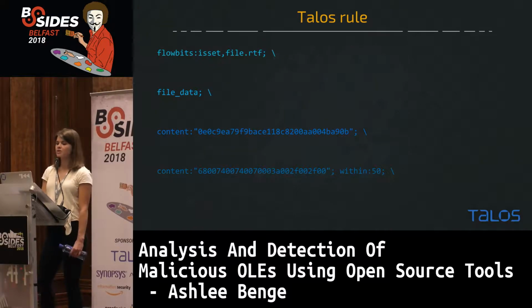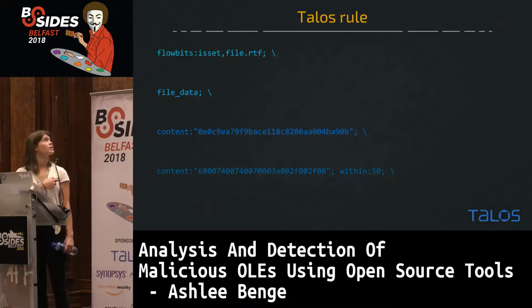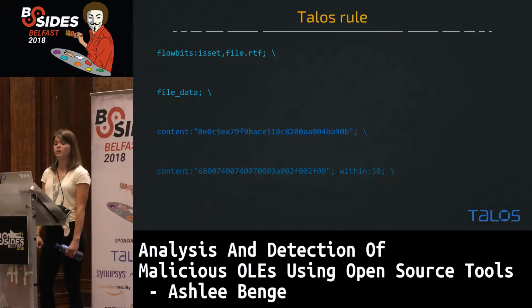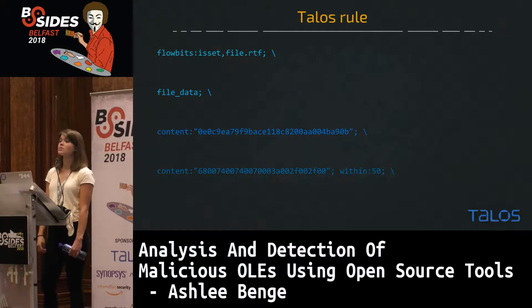So if we break down the chunk of the detection that actually matters, we first see that we only want to inspect RTF files because we have our flowbits specified here. And you'll always see flowbits being used with either isSet or set, depending on if it's a rule that's going to identify a file type or some other type of traffic, or if it's a rule that's using some other flowbits rule. So in this case, we're using some other flowbits rule to identify that we are looking at an RTF.